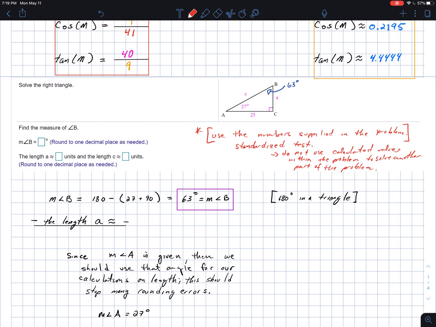So ideally, we shouldn't be using the angle 63 because technically it was calculated.